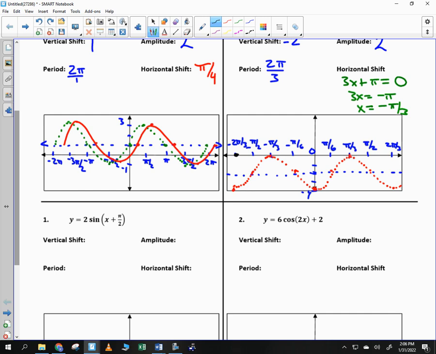And then this one I move 2 units to the left. 1 and 2. After you kind of establish it, you can start to see the pattern. You don't even need to really move the points anymore. You can start just going, okay, top, middle, bottom, middle, top, middle, bottom, middle, top. And then you draw it.